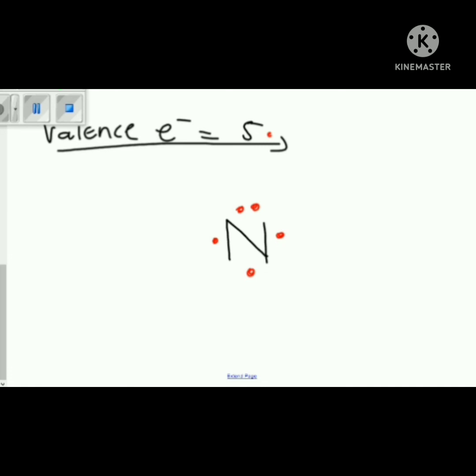The reason I did not pair them is because this atom needs balance. By balance, I mean this symbol must be surrounded by these electrons all around, except for hydrogen and helium, which have only a small number of valence electrons.